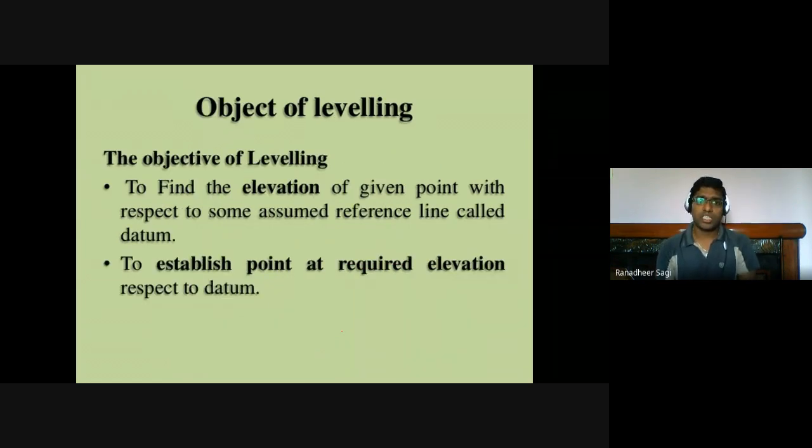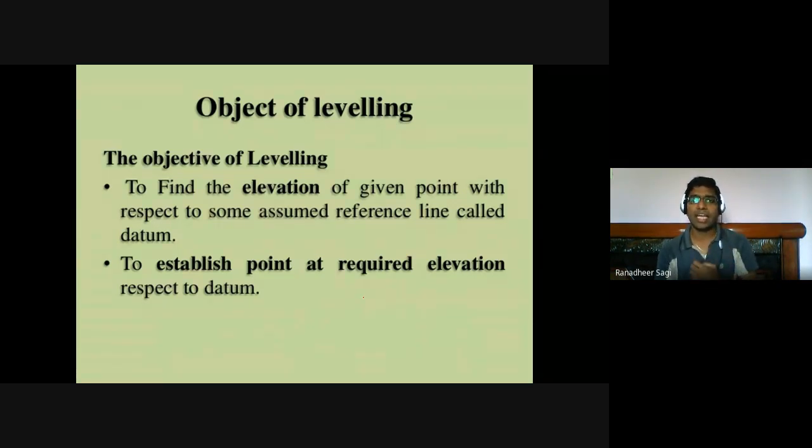Now, what is the objective of carrying out the leveling? We have got two objectives. One objective is, if I know some particular point, I want to determine at what elevation that point is from a reference. The other one is, if I know the elevation of some particular point, then by setting that elevation, I would locate the position of that point.